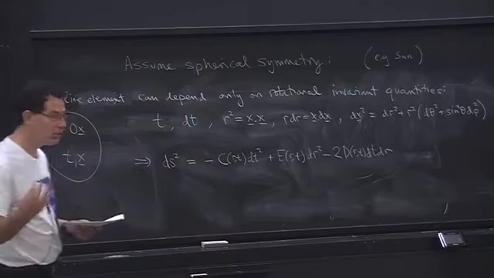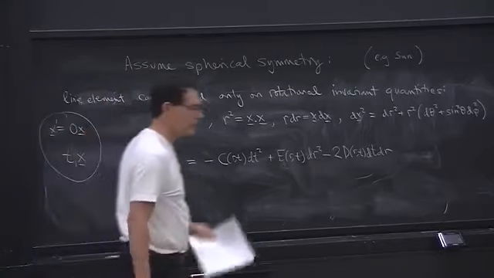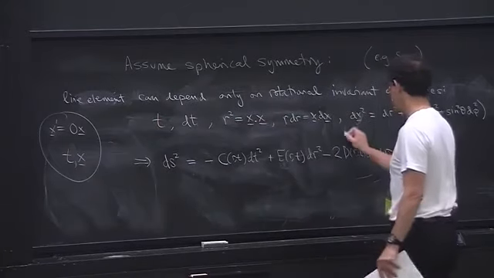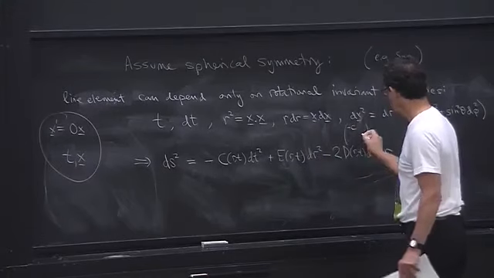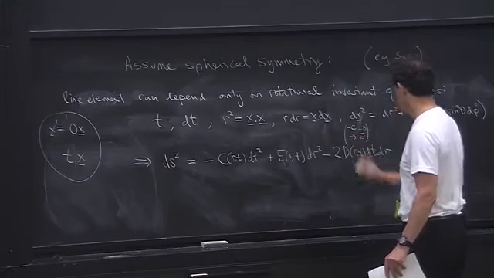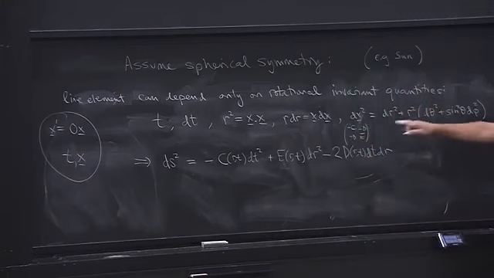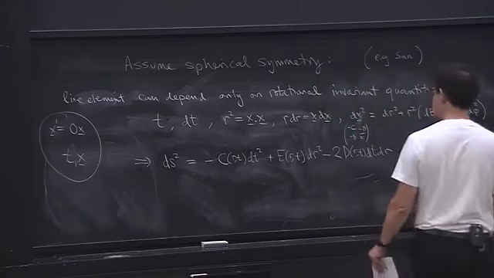Only constraint is symmetry, that there's some coefficient of dt dr. If you view this as a matrix, this would be minus c, e, minus d, minus d. This would be the tr components of the g mu nu viewed as a matrix.